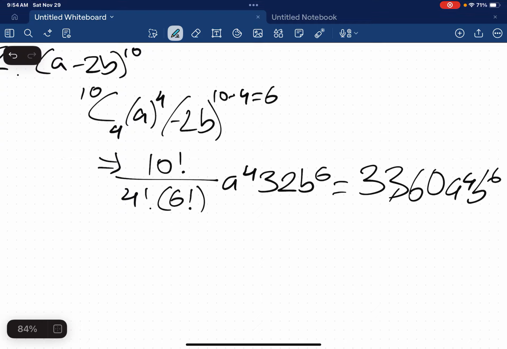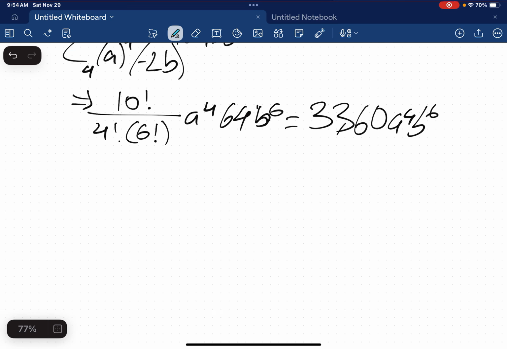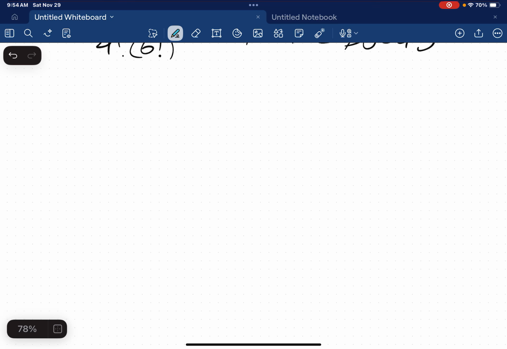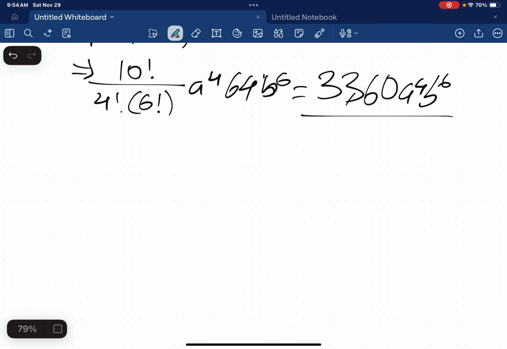Okay. Oh shoot, this is equal to 64, right? Keep writing the wrong numbers. Okay. And that's the 5th term.